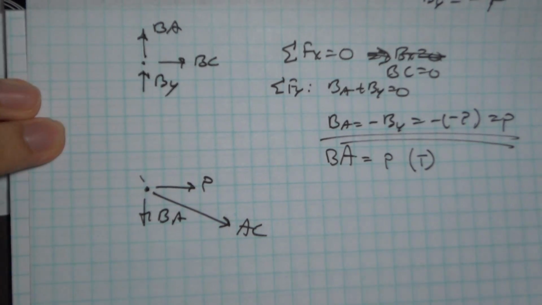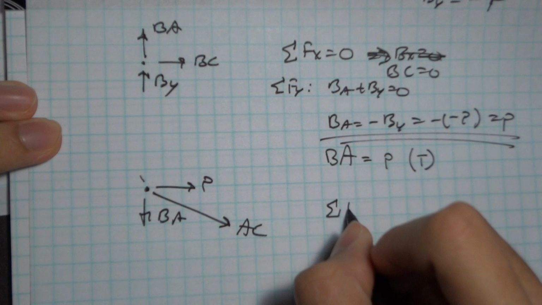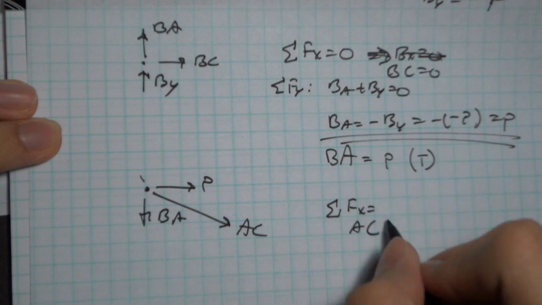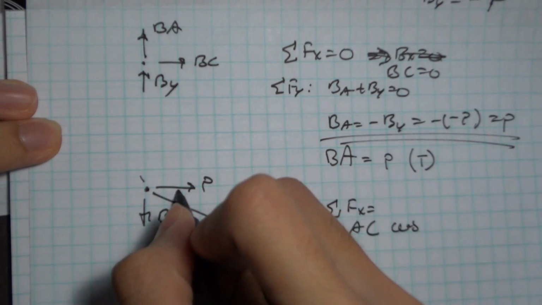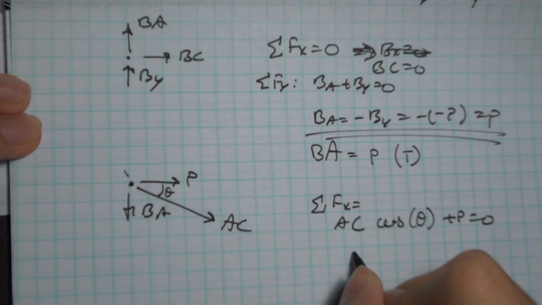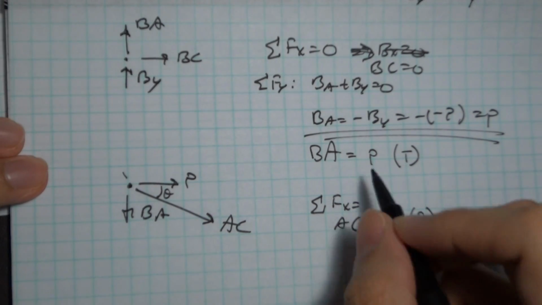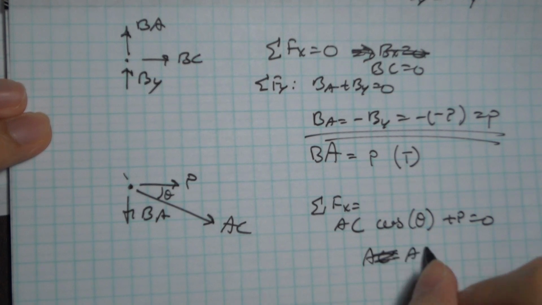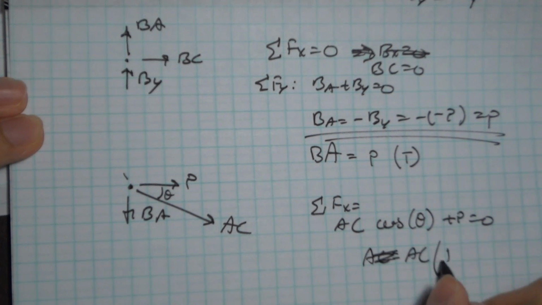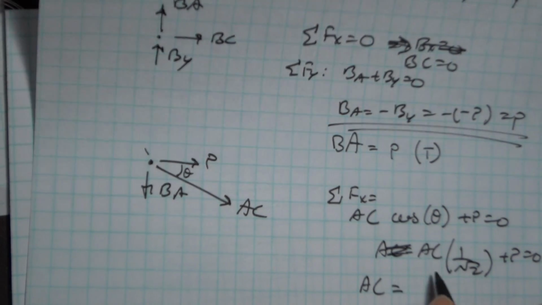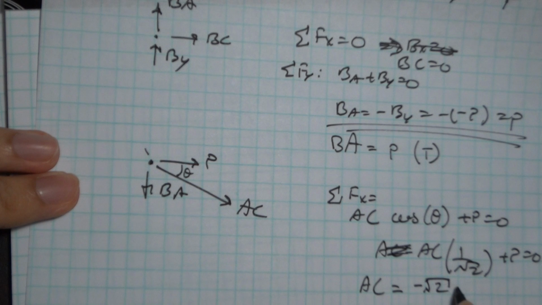If I do sum of forces in the X, then I have AC times cosine theta plus P equals 0. Cosine theta becomes 1 over square root of 2, so AC times 1 over square root of 2 plus P equals 0, and AC equals negative square root of 2 P.